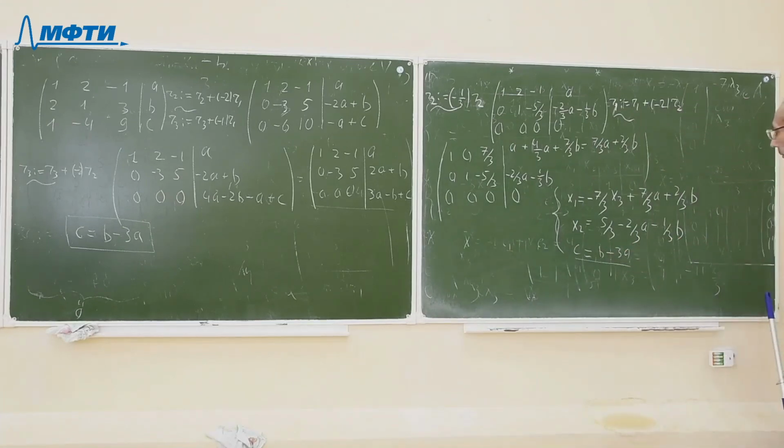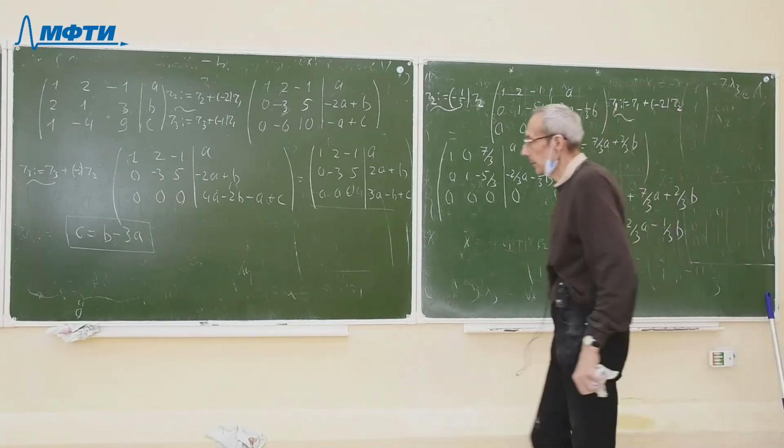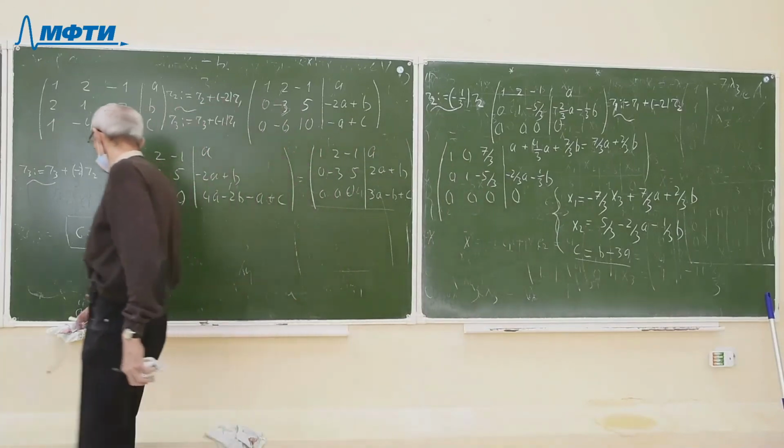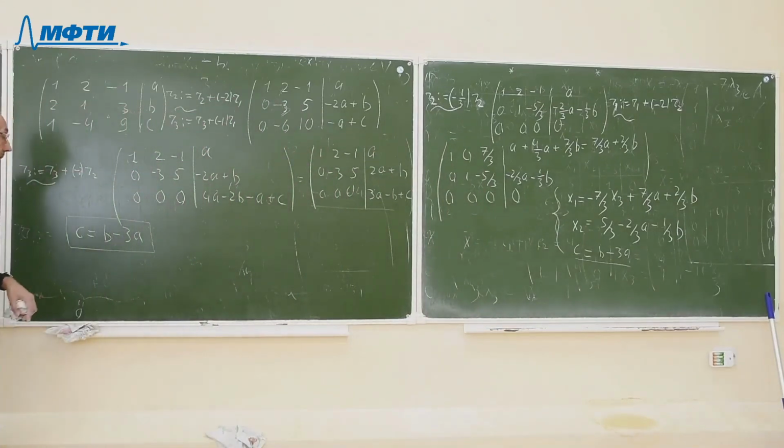And we have two cases. If c is not equal to the difference of b and 3a, this linear system has no solution.